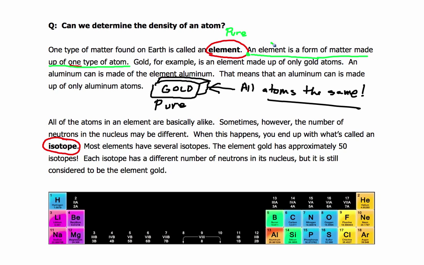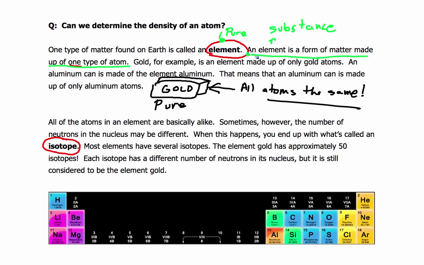We could just put here substance. Because if we're not talking about gold and we're talking about some other element, a pure element is made up of one type of atom.